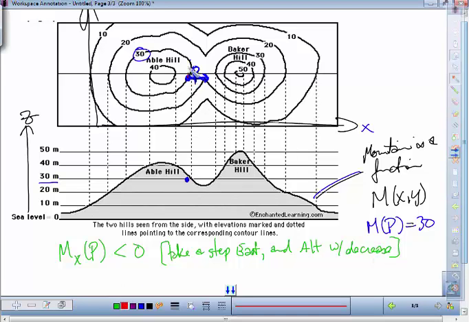What happens if you go north? I guess this should be y. What happens if you go north?